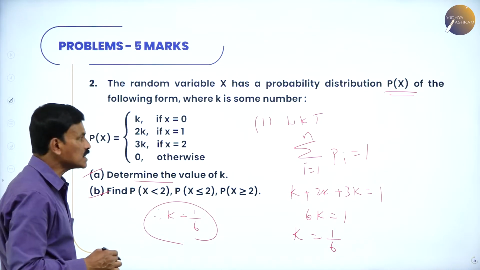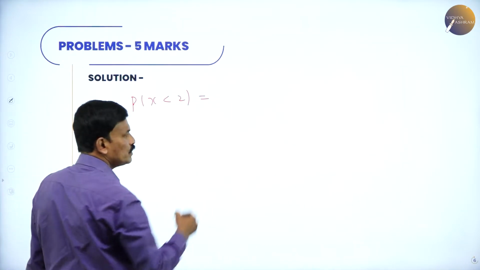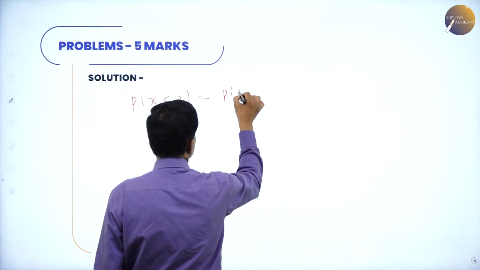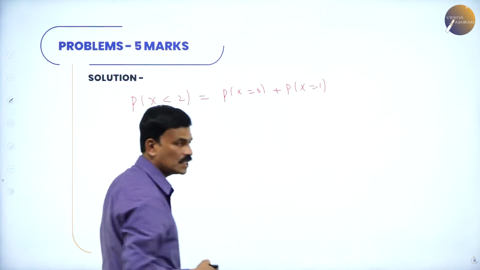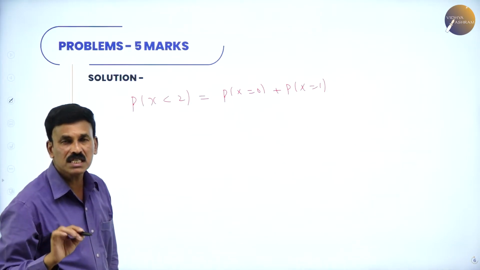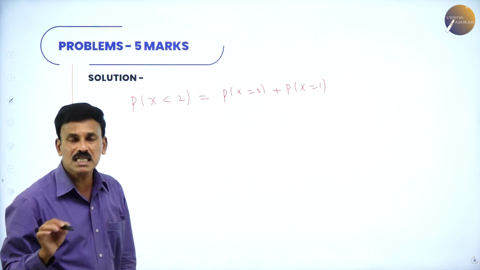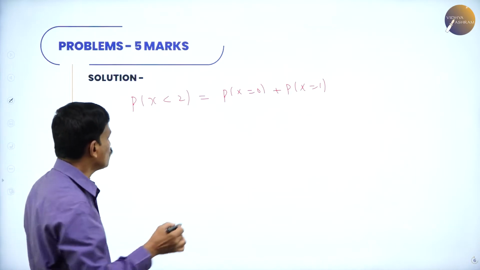Probability of x is less than 2. X less than 2 means P of x is equal to 0 plus P of x is equal to 1, because the condition is less than 2. If it were less than or equal to, we could take P of x is equal to 2 also, but it is less than 2, therefore P of x is equal to 0 plus P of x is equal to 1.